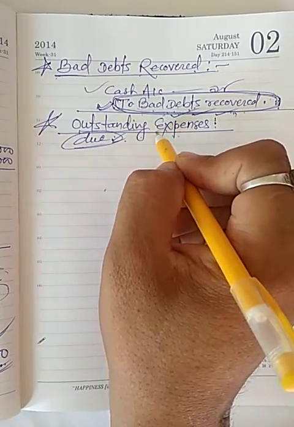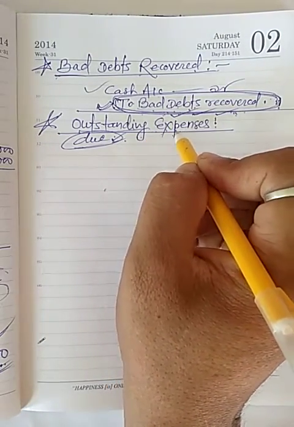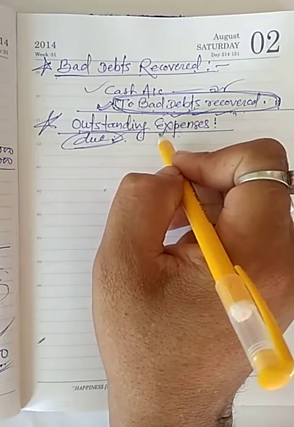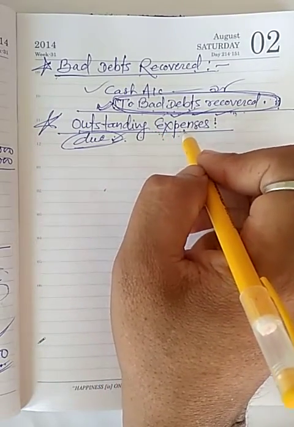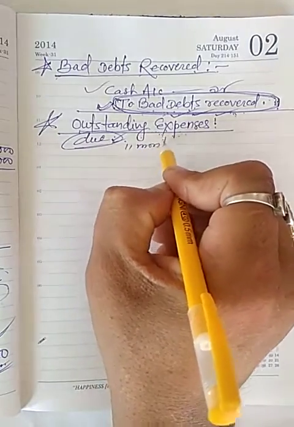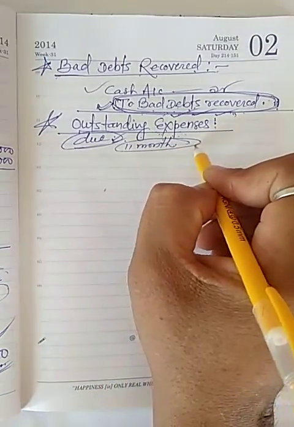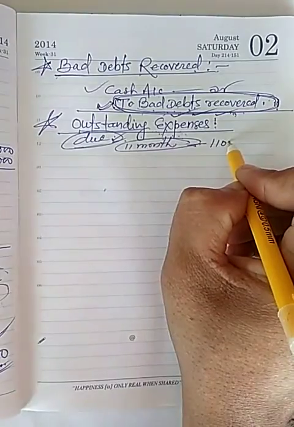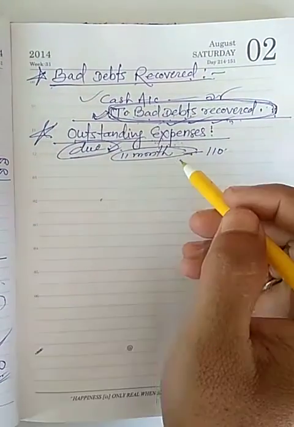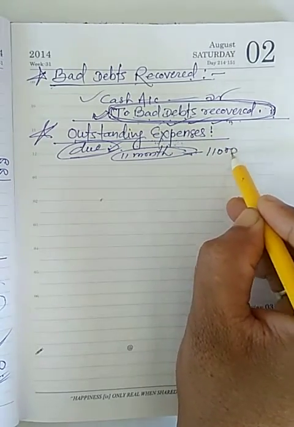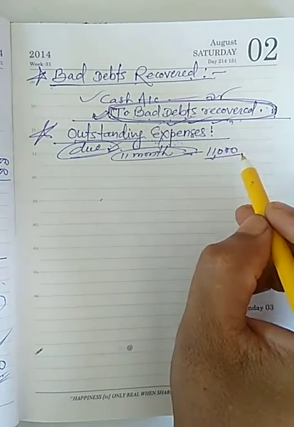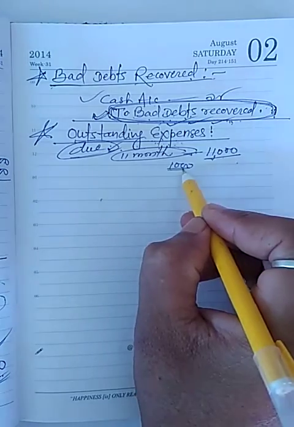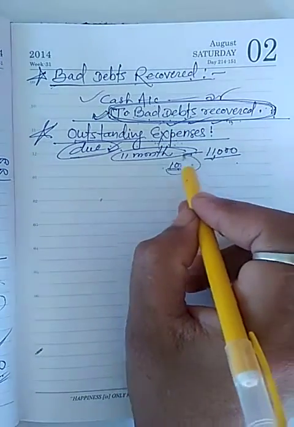For example, if an employee is paid salary of rupees 1,000 per month, and if during the year only 11 months' salary, amounting to rupees 11,000, has been paid to him, then rupees 1,000 for 1 month will be outstanding salary.